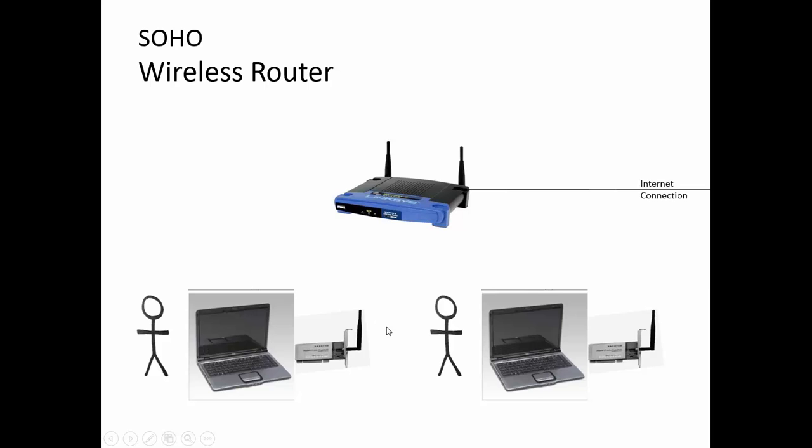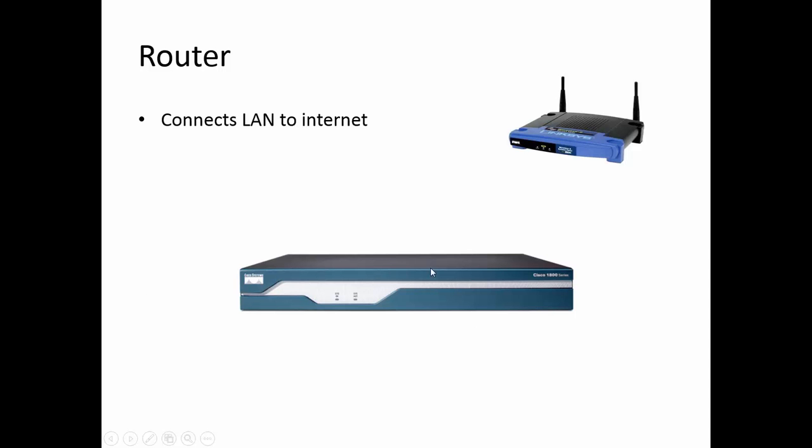But for a small organization, such as a small office, home office, you might have a wireless router which connects to the internet and which provides internet connectivity for the wireless users. Whether you have a large organization or a small organization, a router connects local area networks to the internet.